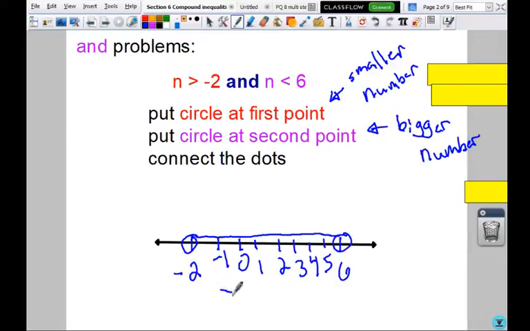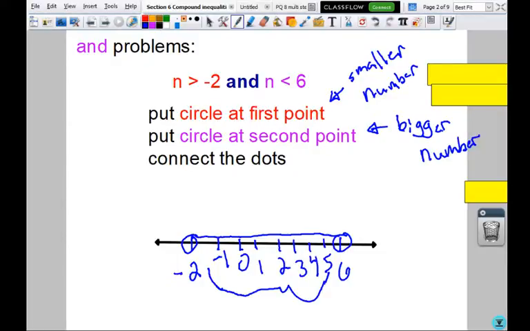I just need the two ends, because sometimes they're way far apart. I could have like 2 and then 300, and I don't want to count up all those things in the middle. So I'm just going to do my two ends. Even though those numbers are there, we're just not writing them down because that's a lot of work.